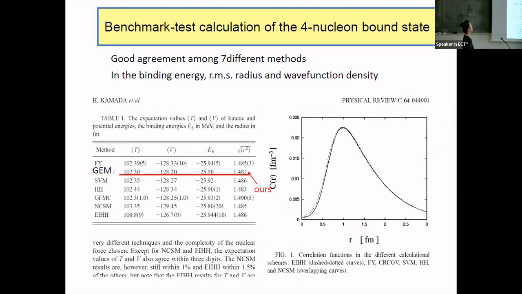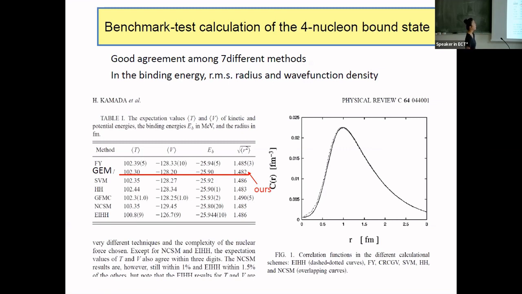Here I show you the result of the benchmark test of the bound state of helium-4. Here is my method, and you can see the names of the other methods. This is the binding energy, and you can see that the energies are almost identical, in good agreement with each other. This is also the root-mean-square radius, and you can see that our results agree well.